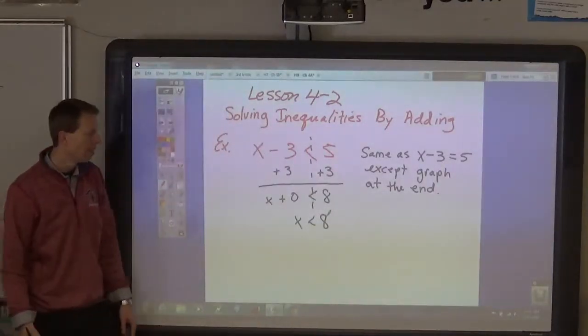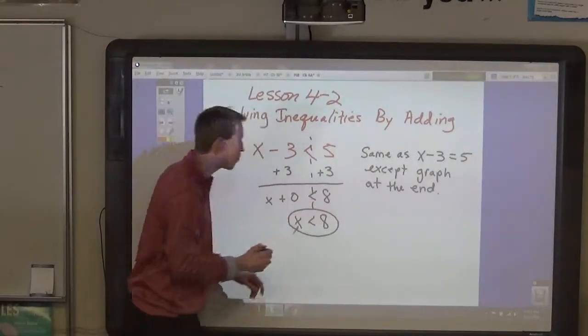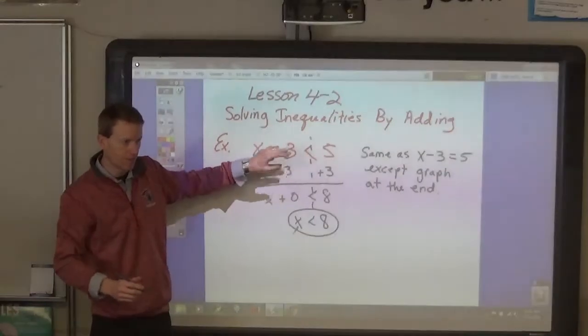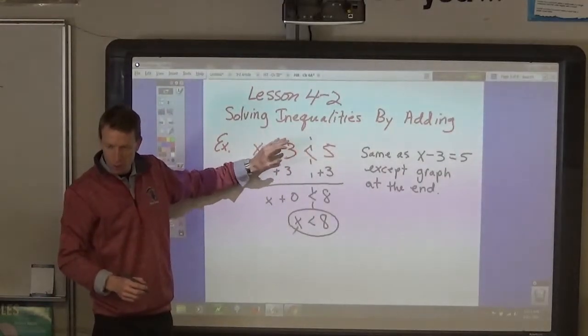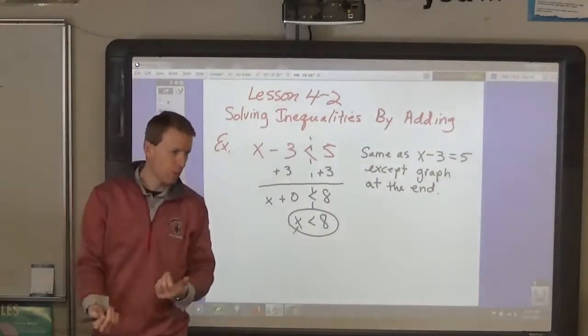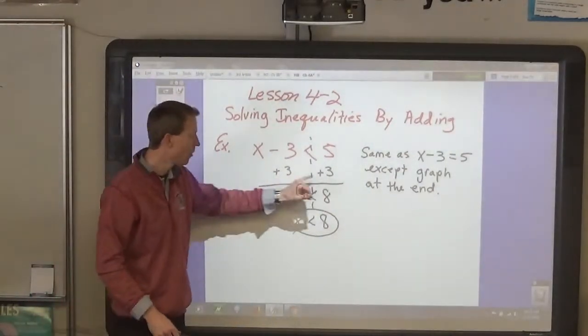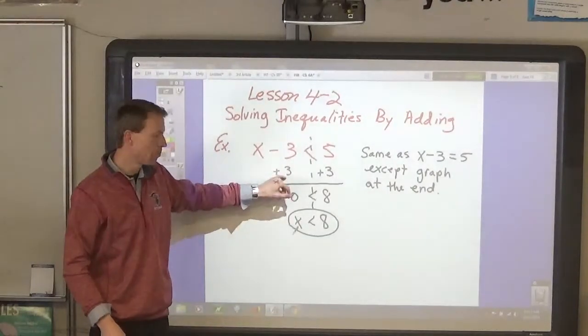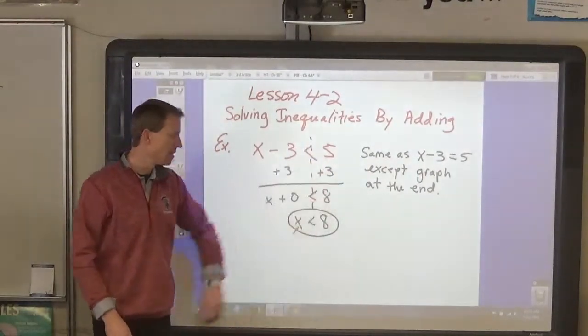Okay? So, again, this is the proof of the solution. You have to be able to prove your solution by logical steps. If you add 3 to both sides, negative 3 plus 3 is 0, and 5 plus 3 is 8.